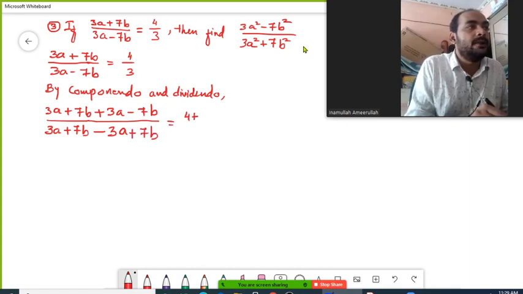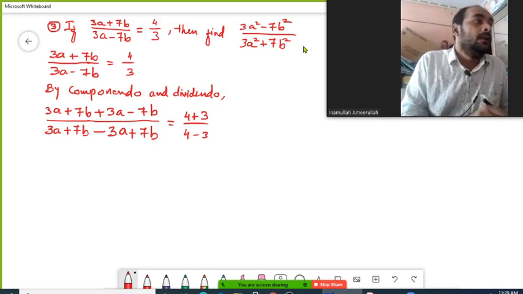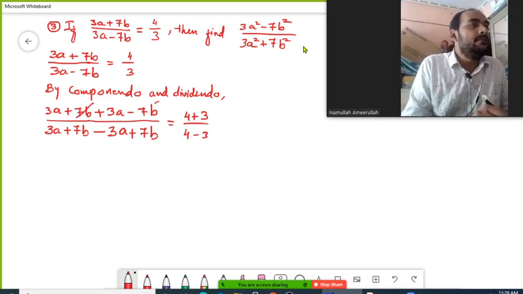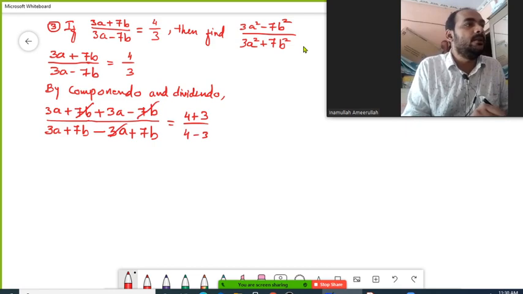4 + 3, the same we will do on the other side, and 4 - 3. Componendo, dividendo on both sides. Now this is positive 7b, this is negative 7b, will become 0. This is negative 3a, this is positive 3a, will be 0.